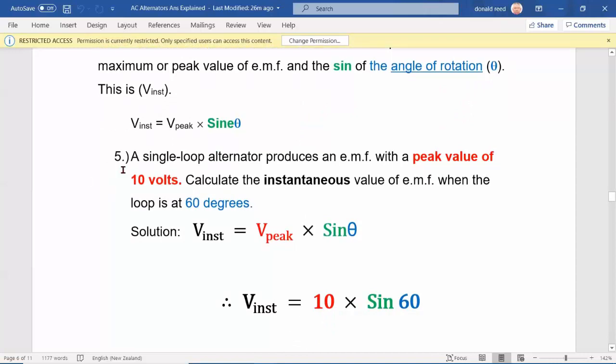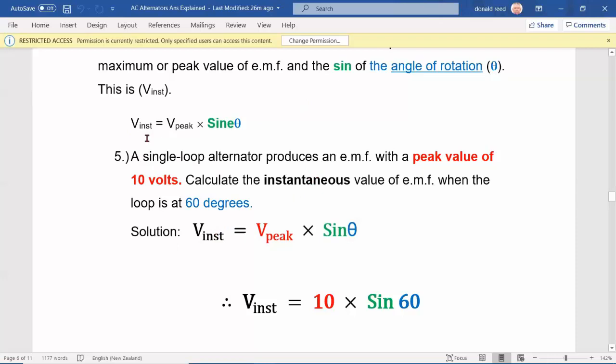The question: a single loop alternator produces an EMF with a peak value of 10 volts. Calculate the instantaneous value of EMF when the loop is at 60 degrees. So we're looking for the instantaneous value.